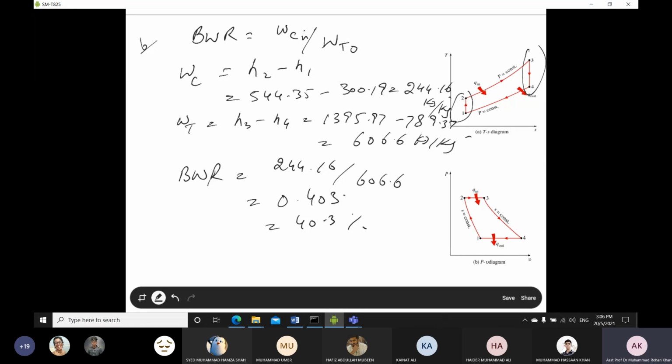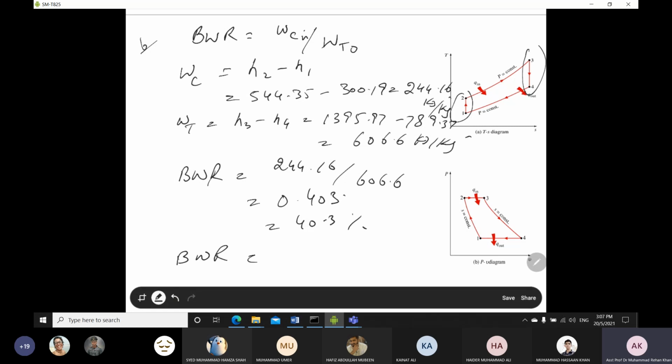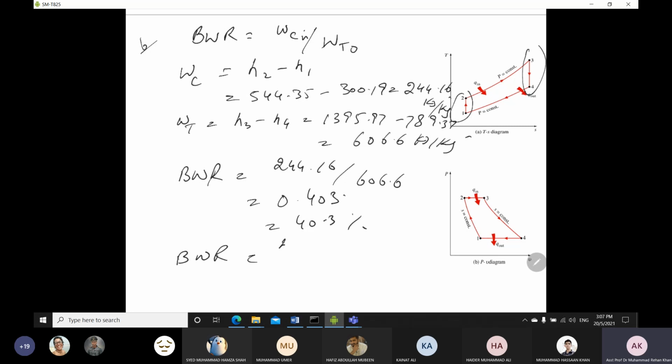So in this case, we are using the variable specific heat assumption. However, you can also use the constant specific heat, which is the cold standard air assumption. Simply, you can use it for the back work ratio. You have to find it for the cold standard air assumption. So you already noticed that it will be H2 minus H1 over H3 minus H4.